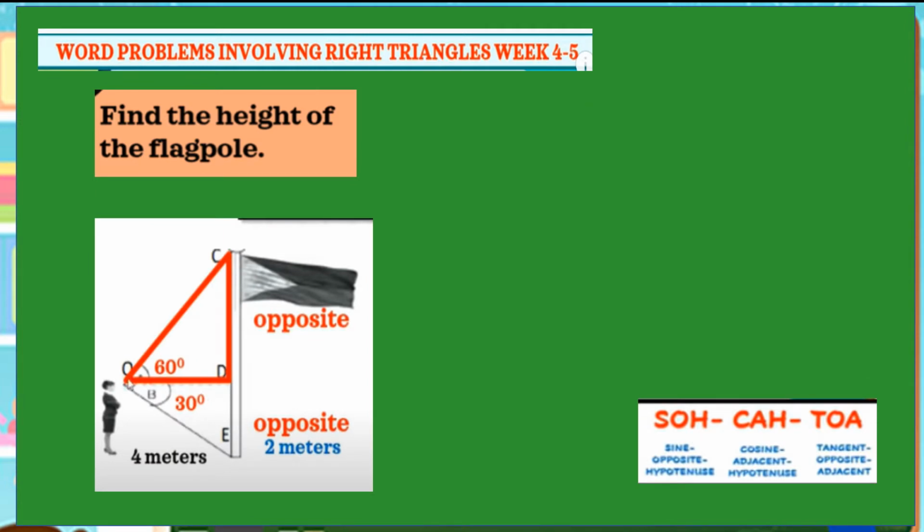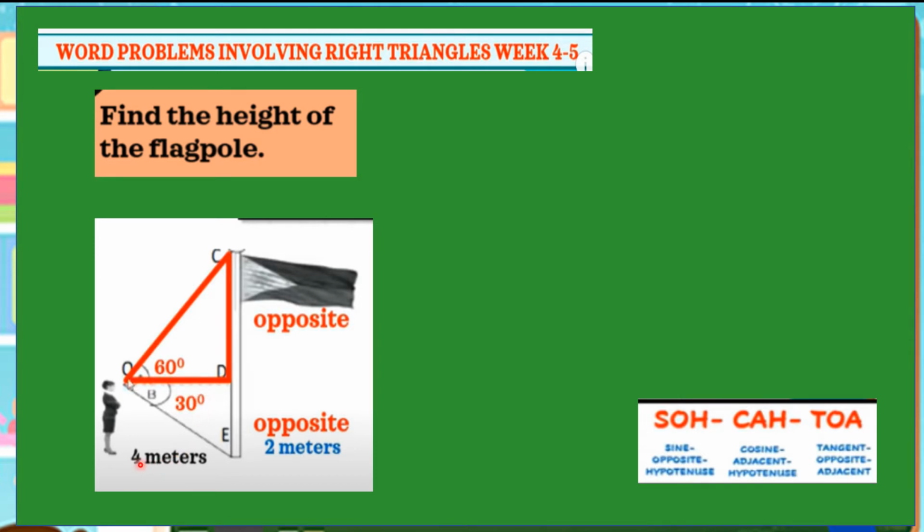Okay, next is finding the height of the other part of the flagpole given angle 60. So we have again the opposite side and this adjacent side. Bakit siya adjacent side? Kasi siya ay katabi ng ating angle.